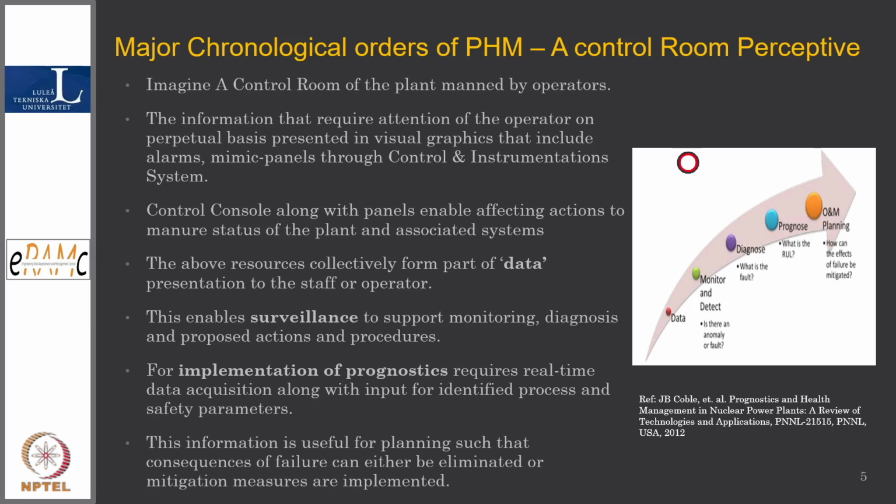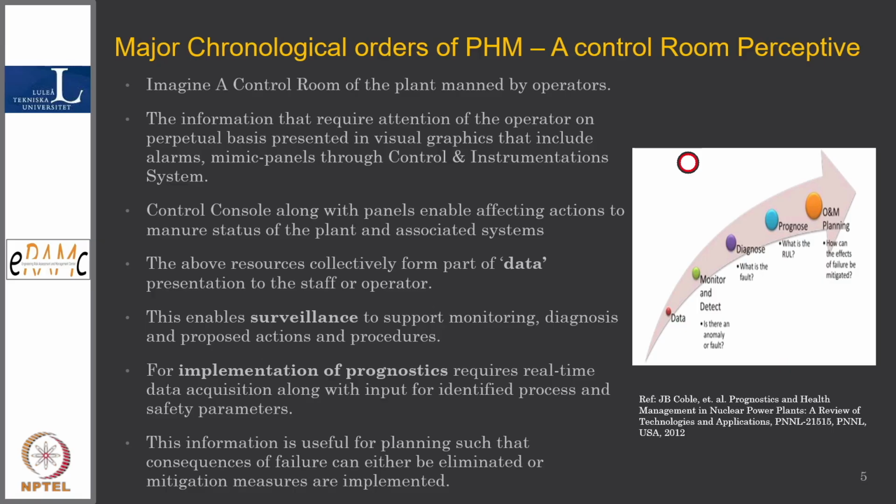I am talking about a mega system where the plant itself is spread out over a 500 meter to 1 kilometer radius. So data comes to the control room, and we pretty well know things are normal.